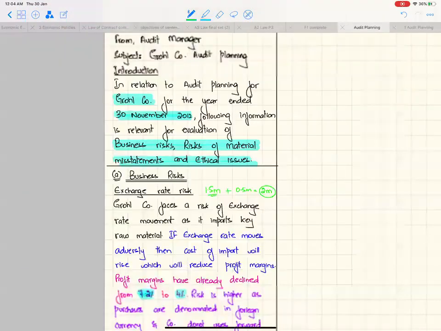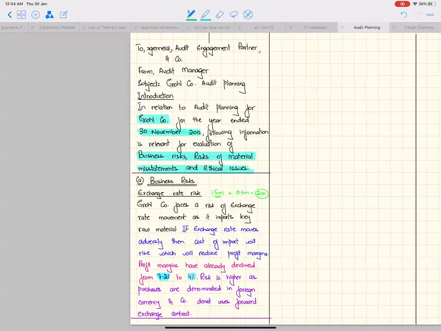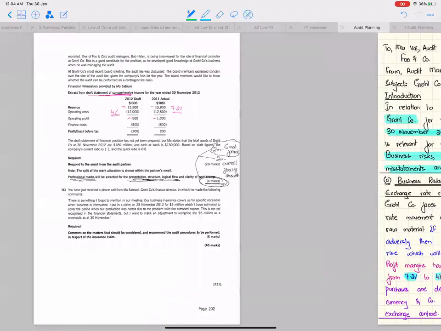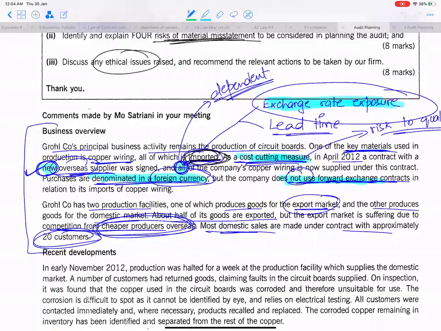So if you calculate any ratio, then you will get additional 0.5 marks for that. Okay? So we have written the first risk, the exchange rate risk. Now, if we will read the question further, we may find some more good points also.